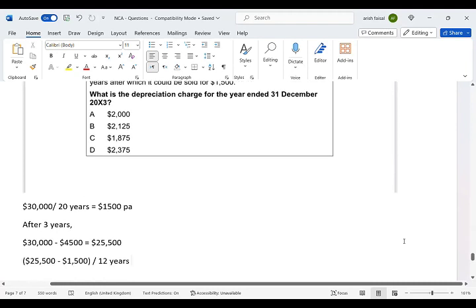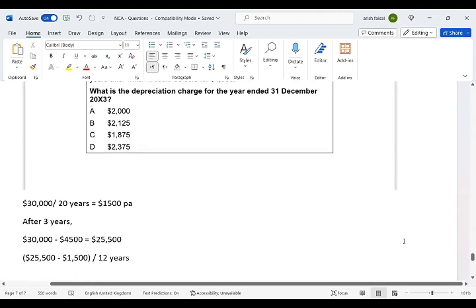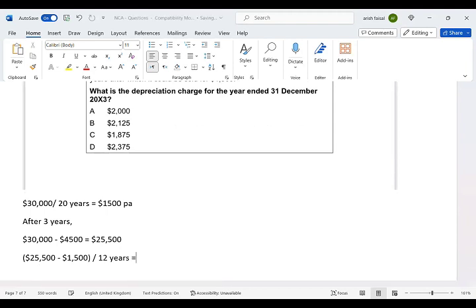So in that case, it will turn out to be 24,000 divided by 12. You get 2,000. So the depreciation charge for the year ended December 2013 will be 2,000. So A is considered to be your correct answer for this case.